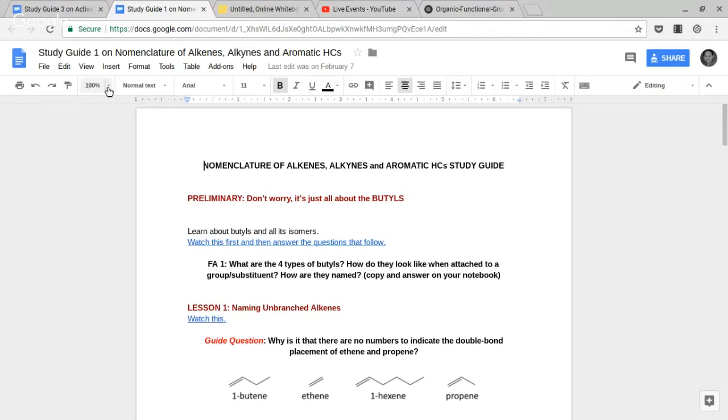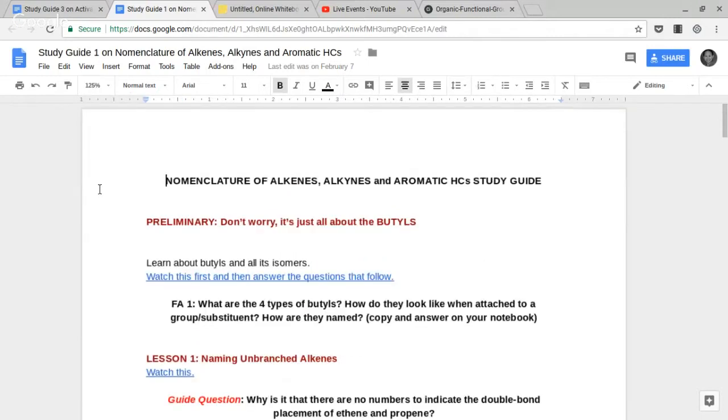I hope you can see study guide number 1. If you recall, it gives you all the details that you need to learn about alkenes, alkynes, and aromatic hydrocarbons.